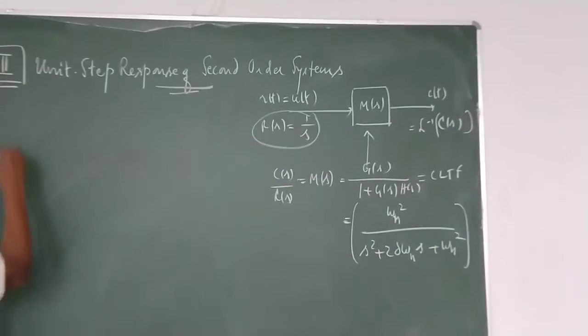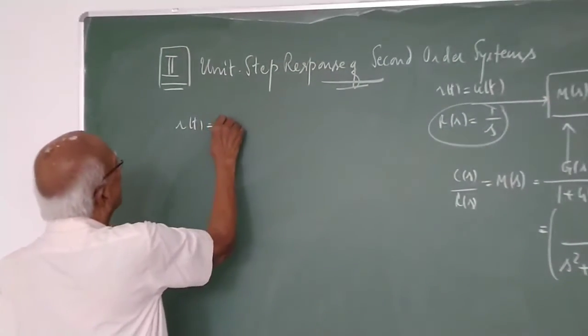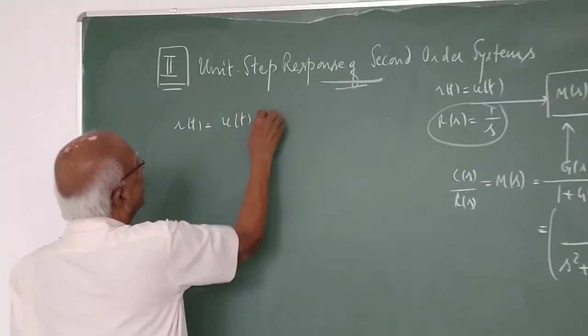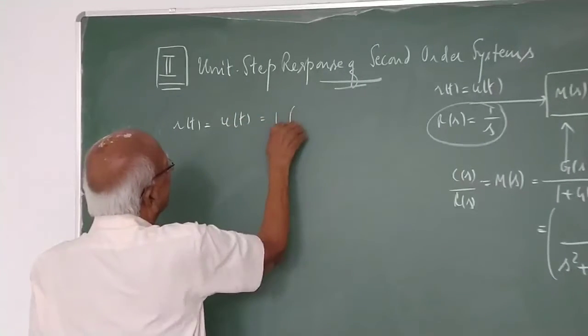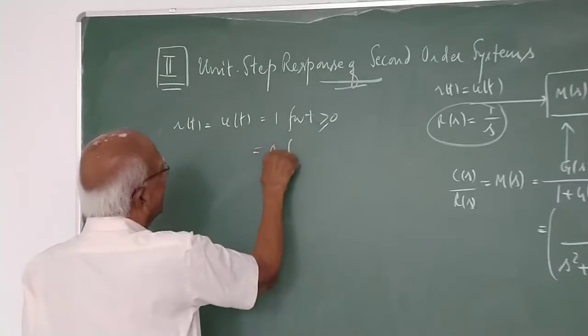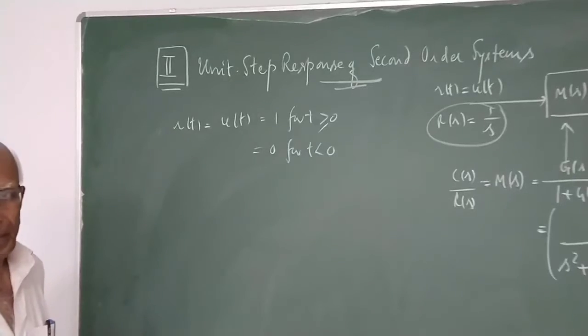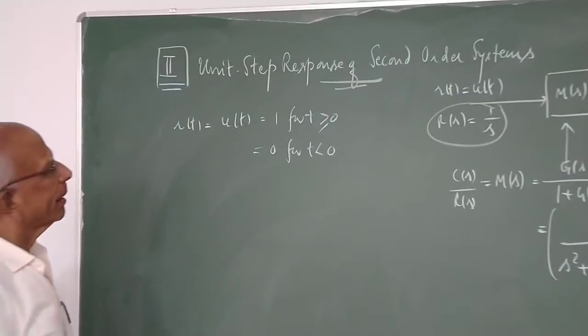So we'll start with this. First of all, R of t, the input, is nothing but U of t. Therefore, it is equal to 1 for t greater than 0 or equal to 0 for t less than 0. I'm writing all the steps for your continuous following.